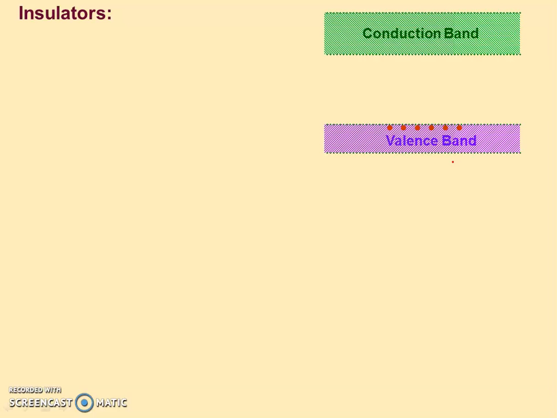Now the third type of materials are insulators. In insulators, there is a large gap between conduction band and valence band, and this gap is greater than 3 electron volt. And for diamond, it is 6 electron volt. It means the electron from valence band never jumps to the conduction band. You cannot supply this much energy to the material to jump the electron from valence band to conduction band.